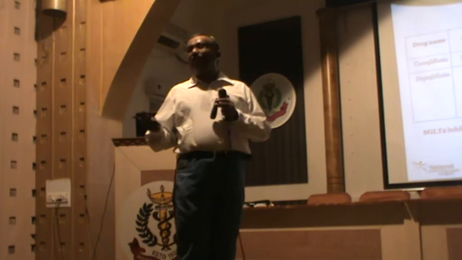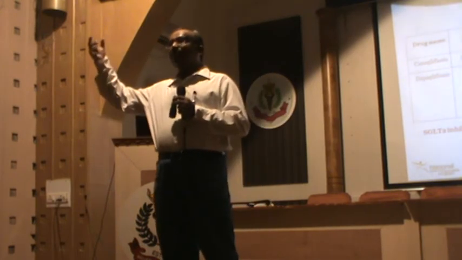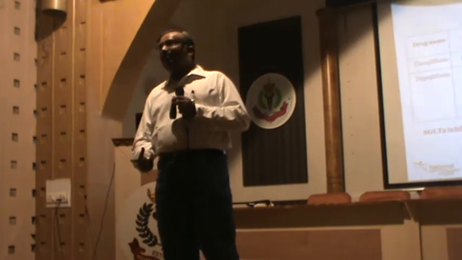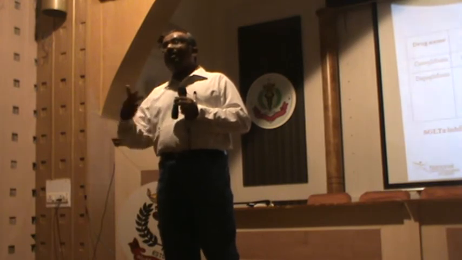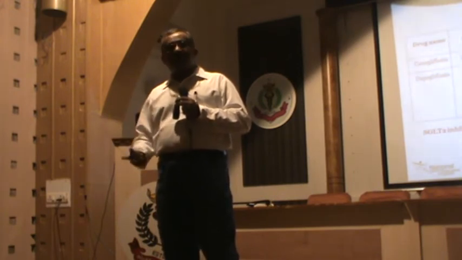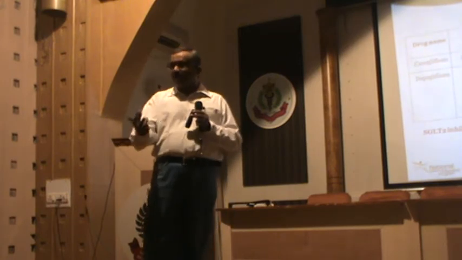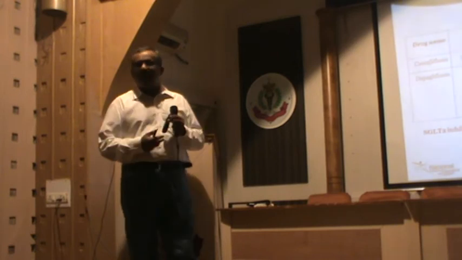It doesn't cause polyuria because your blood sugar is not increased. Polyuria is because of the osmotic rise in the blood, not the osmotic rise in the urine. So it doesn't cause polyuria, but it causes genital infection. It causes balanoposthitis, vaginitis, candida infection, because the sugar contained in the urine is more. That is the problem with SGLT2.